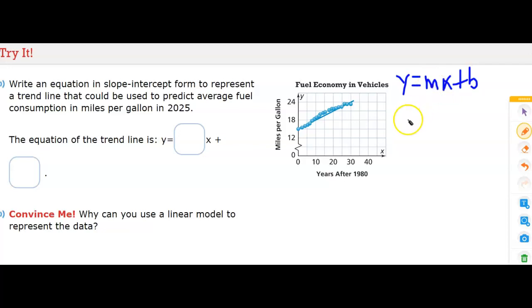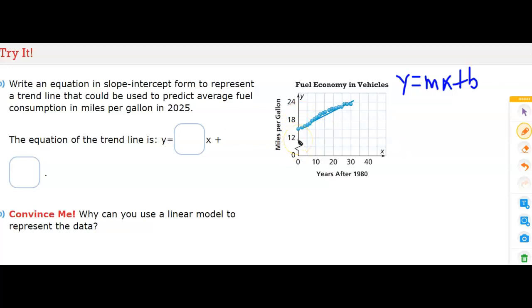So first, to find the y-intercept, we look here on the point that is on the line. If we look from this line to this line, it is 12 to 18. So that's about 6 miles per gallon in between these two numbers. This line here that doesn't have the number is halfway between that.